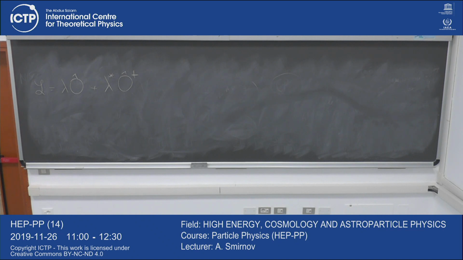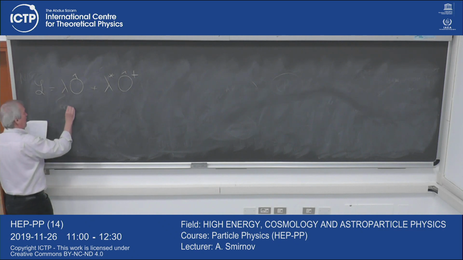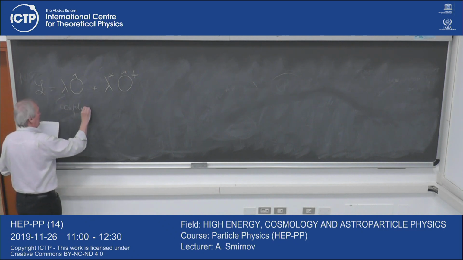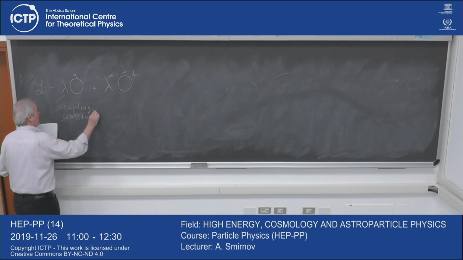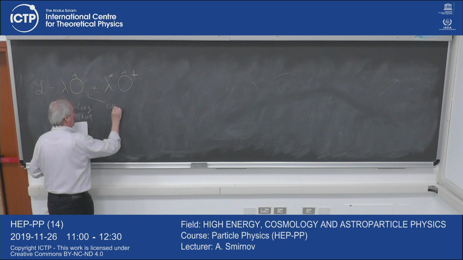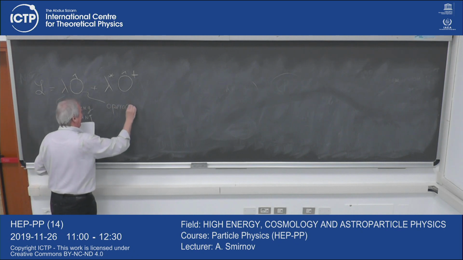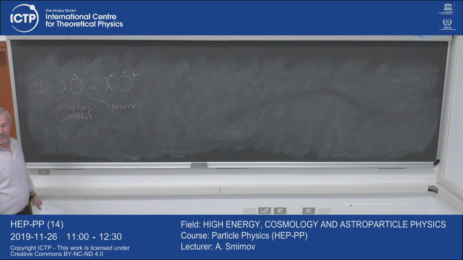You may have many operators of different types, but this is a generic feature which I want to illustrate using this simple case. So this is the coupling constant, and this is the operator made of operators of fields involved in the interactions.